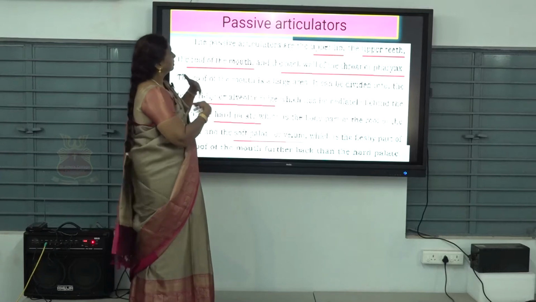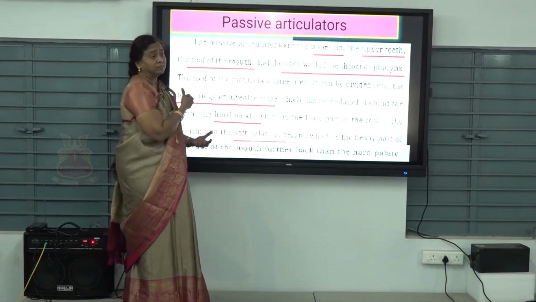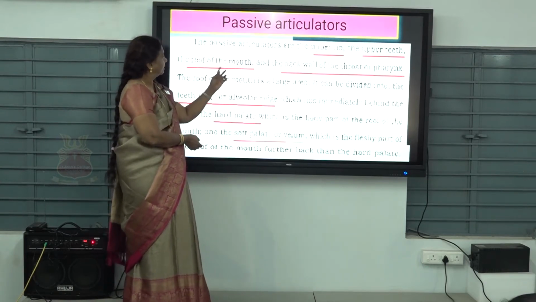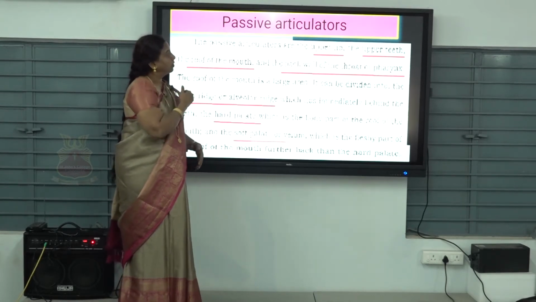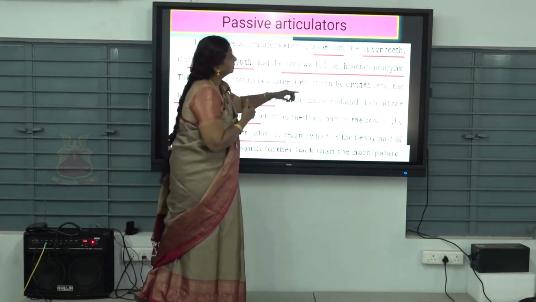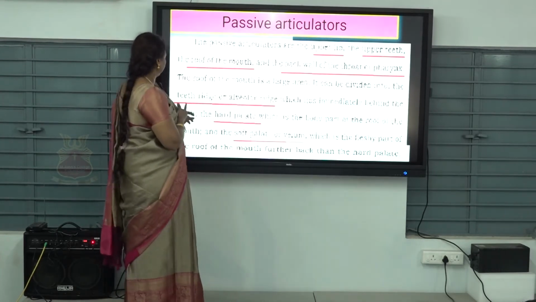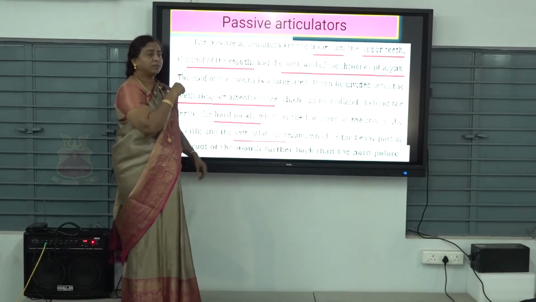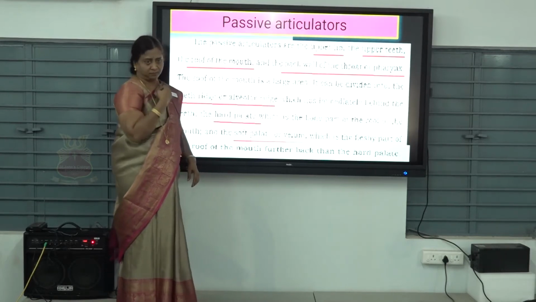And then whichever do not move, whichever lie passive, for example, your teeth. What else? You can read out. The roof of the mouth, and then the upper lip, the upper teeth, the back wall of the throat or the pharynx, the teeth ridges, the ridge just above and behind your teeth.